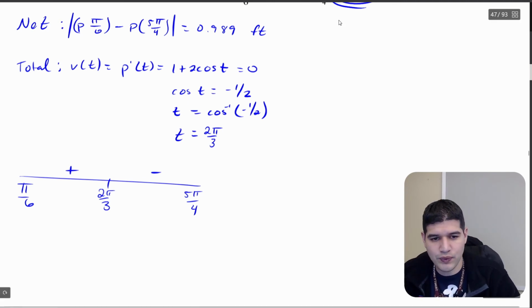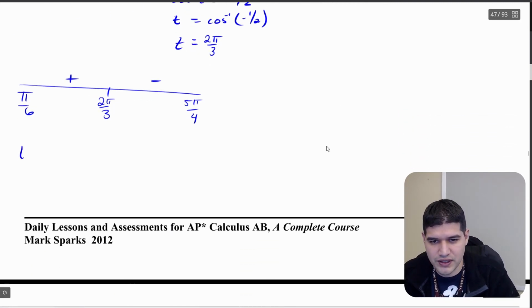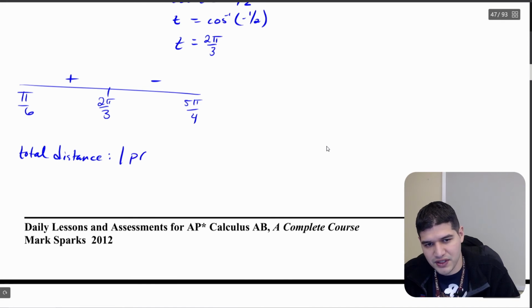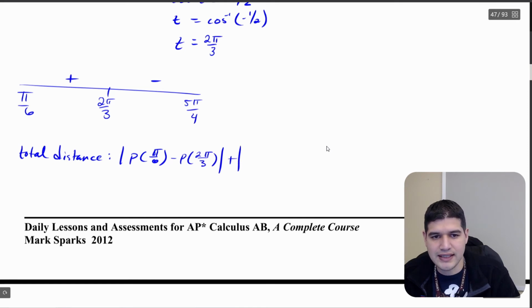So how are we going to find total distance? Well, in order to find total distance, we just do what we did in the first problem of this video. That's going to be the absolute value of the position function at pi over 6 minus the position function at 2 pi over 3. Then we're going to add in the second section, the absolute value of the position function at 2 pi over 3 minus the position function at 5 pi over 4.